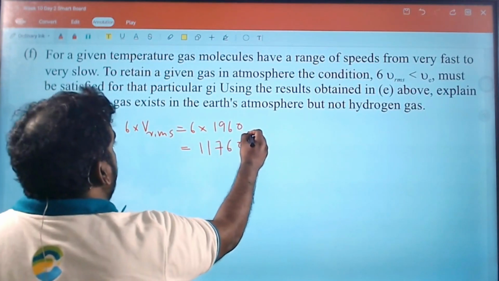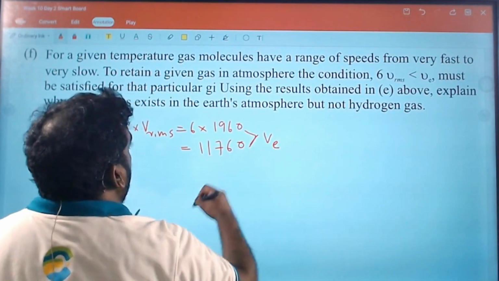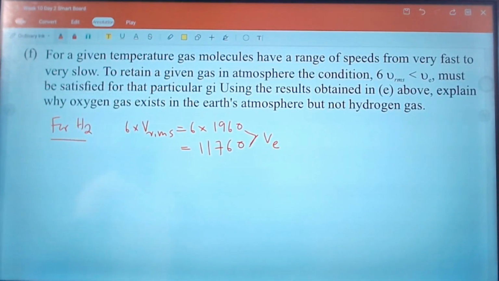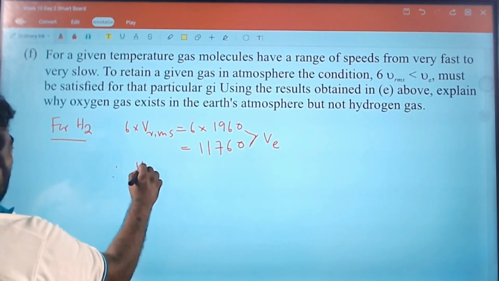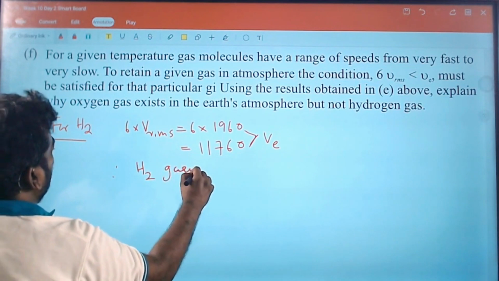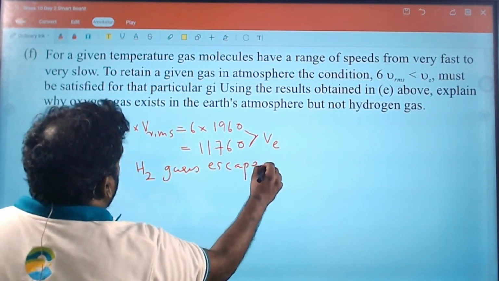This is greater than the escape velocity. Therefore, hydrogen gas escapes Earth.